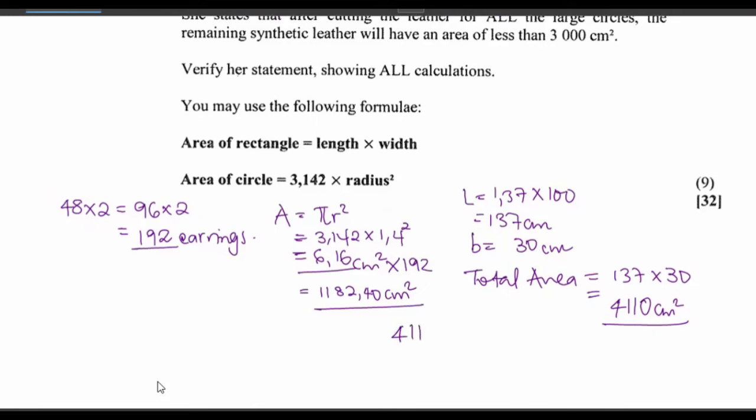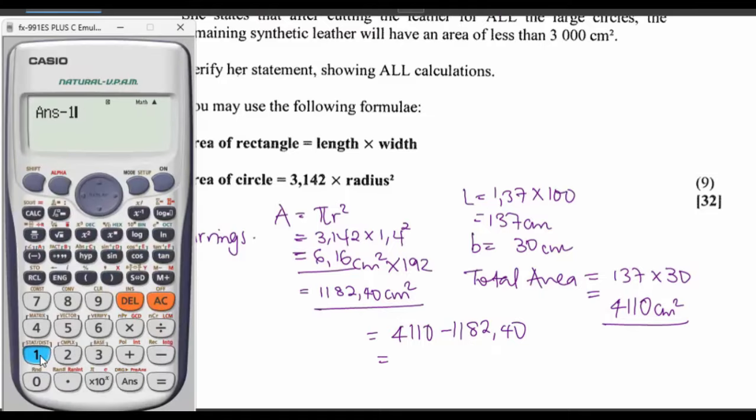So meaning it's going to be this much minus 1,182.40.